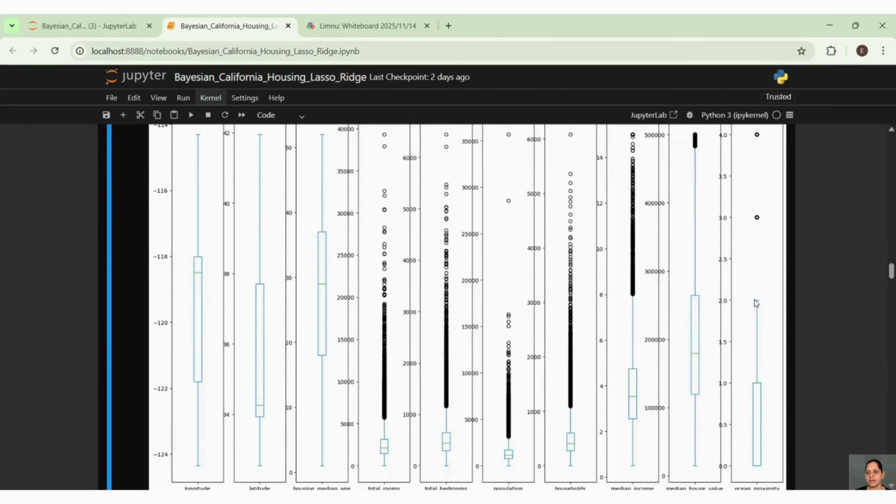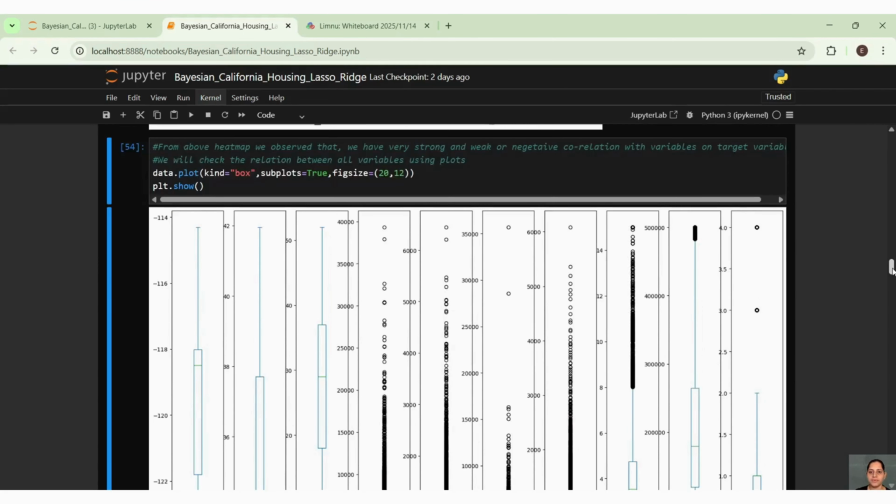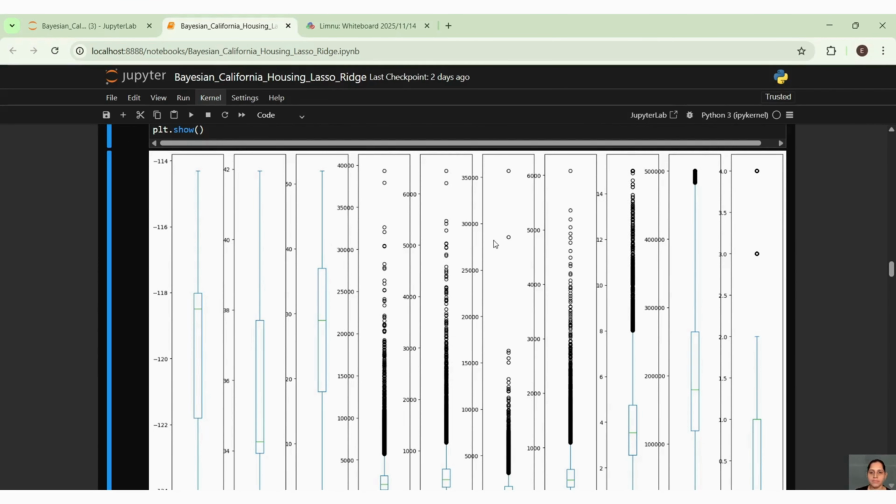So you can see that the value is ending here at 2, but we have 1 at 3 and 1 at 4. Then here we have population, right? Population has a few values; however, the values are ending somewhere around 17,000.